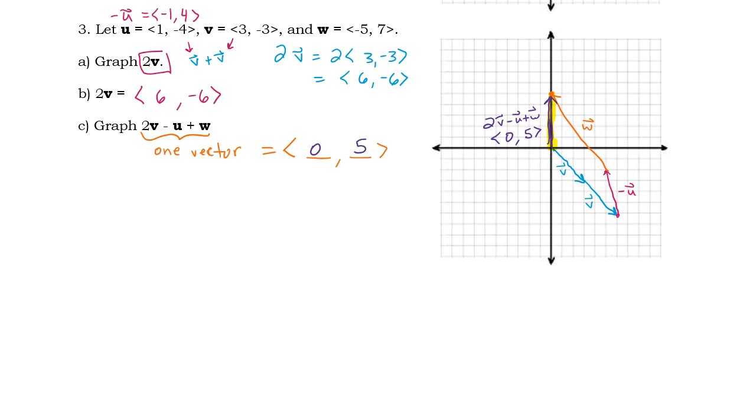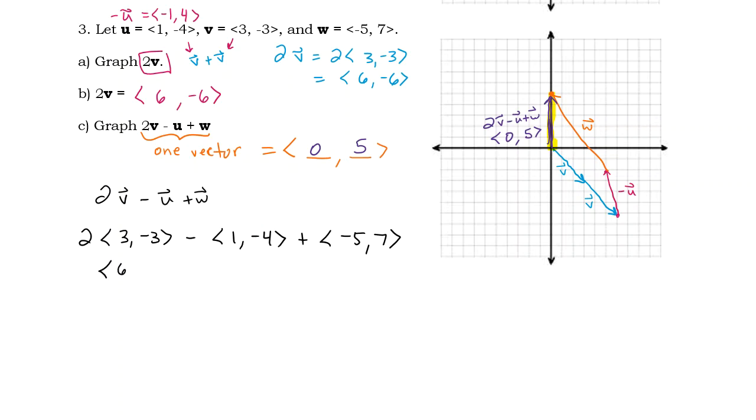Let's do it algebraically, 2 times v minus u plus w, and see if it works. So we'll do the distributing first. Now for the result of this, the x component is going to be found by using these x values.